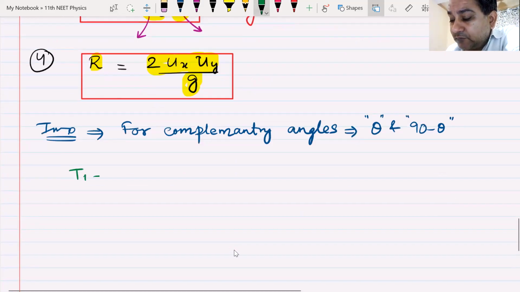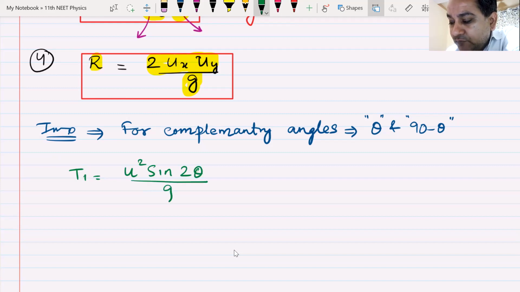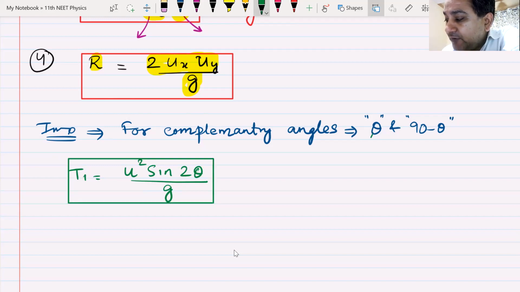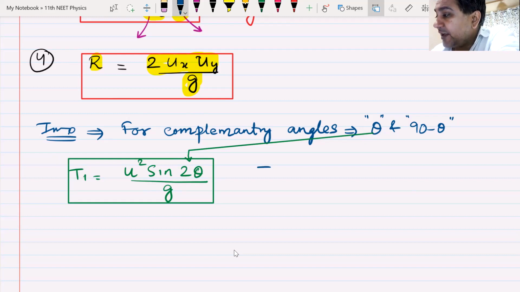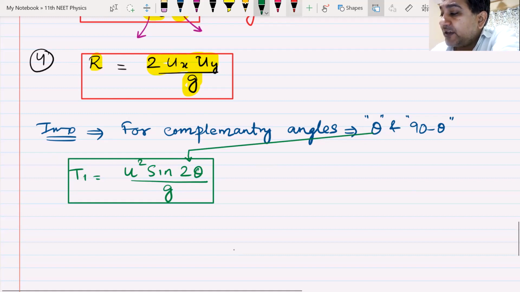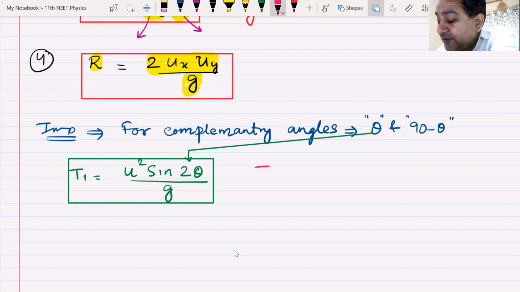Now T1 becomes u square sine 2 theta by g. That becomes your time of flight for the angle theta. Now what happens to the time of flight when you change the angle to 90 minus theta?